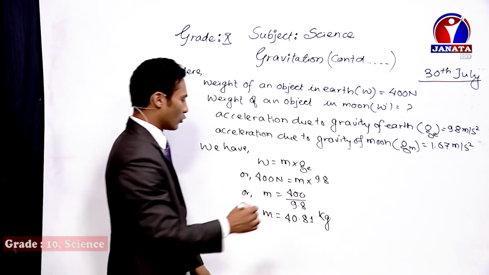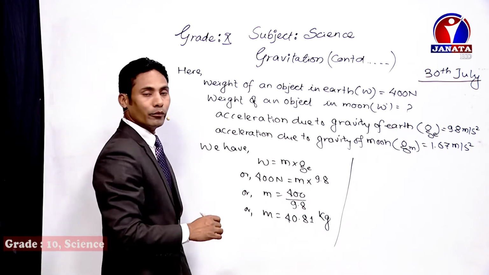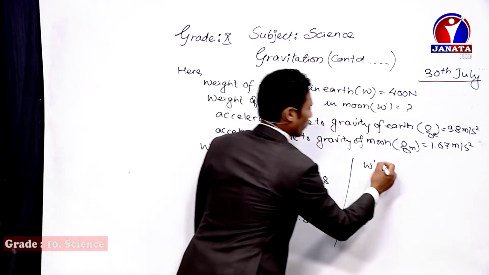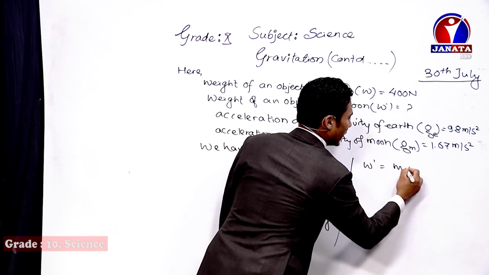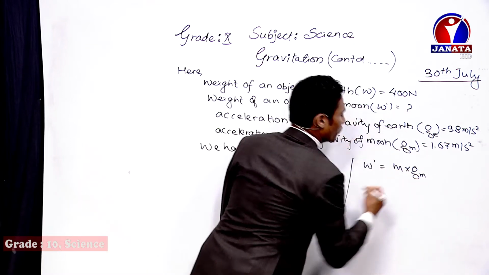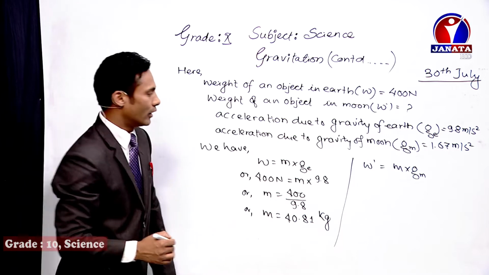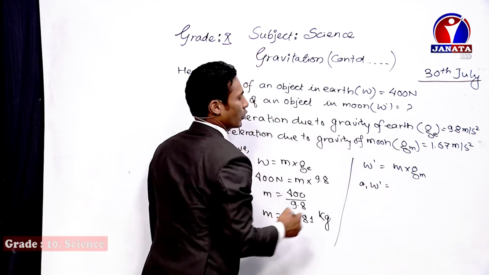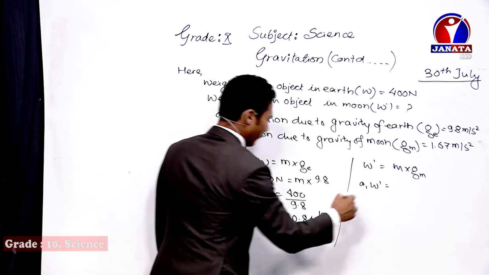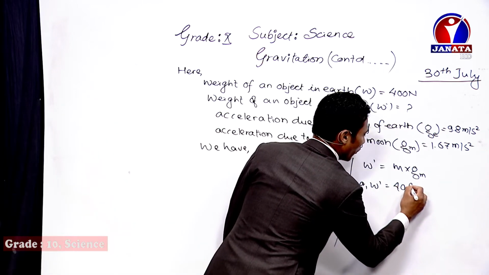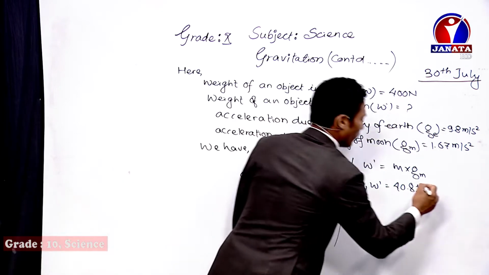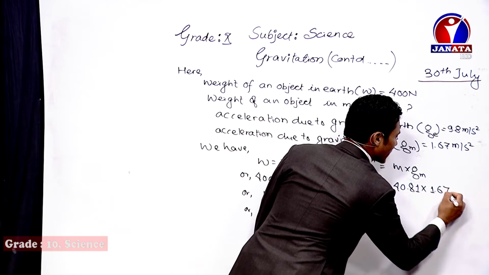So let's see how to find the weight on the Moon. Weight on the Moon, W dash, equals again M into g_M, the acceleration due to gravity at the Moon. W dash equals, the mass we have already found, 40.81, and this g is 1.67.